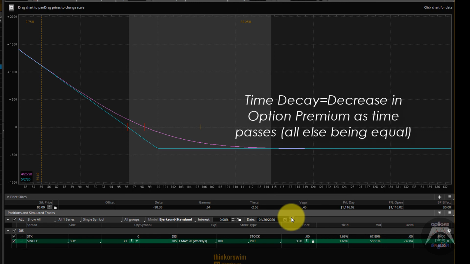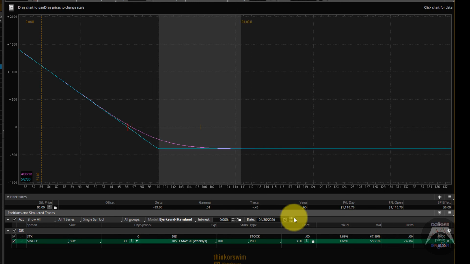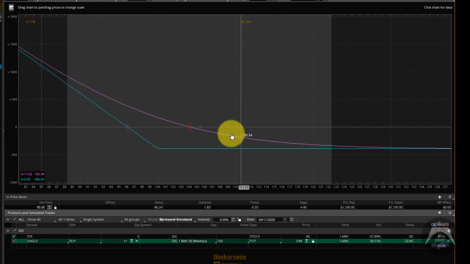So options, when you buy them, are a wasting asset, they're called, because they start losing value for each day that passes. Why? Because the probabilities of it making money are going to be going down, and this is represented here until we're at the April 30th point, and then expiration, it merges with the line. So you can see how time affects the risk profile.